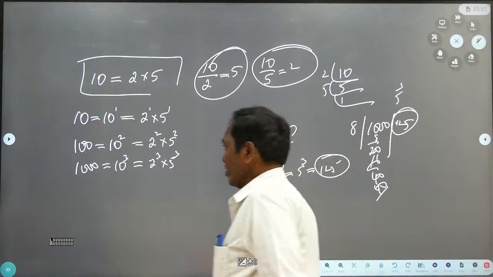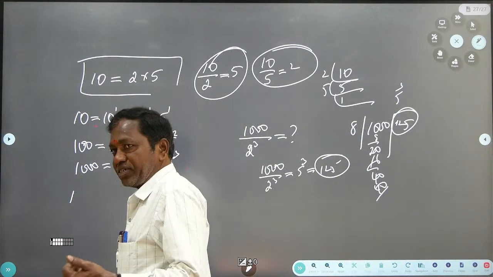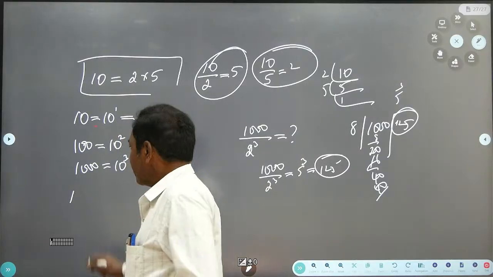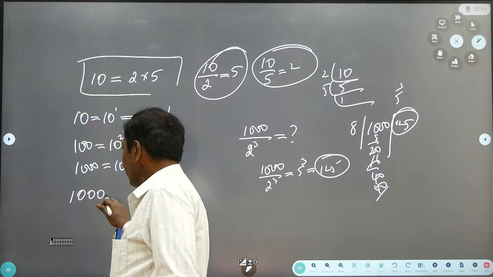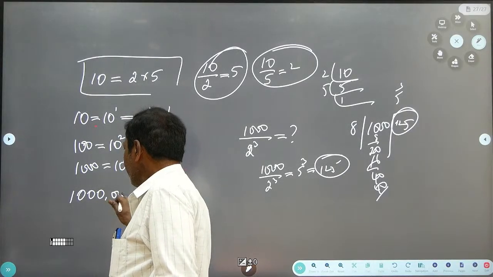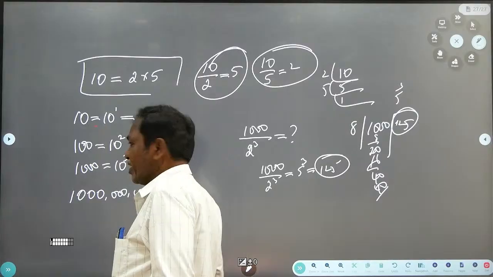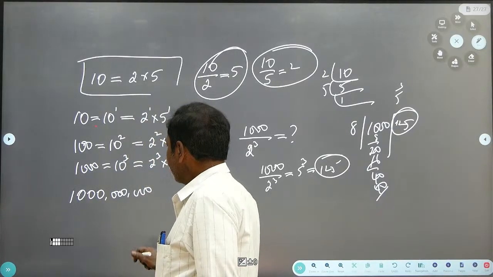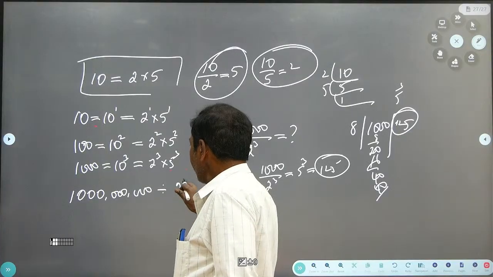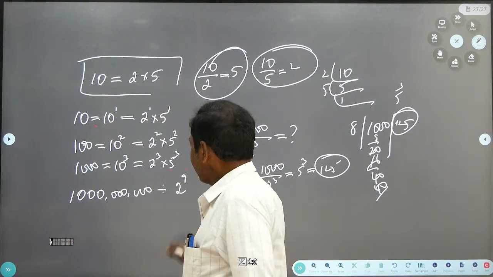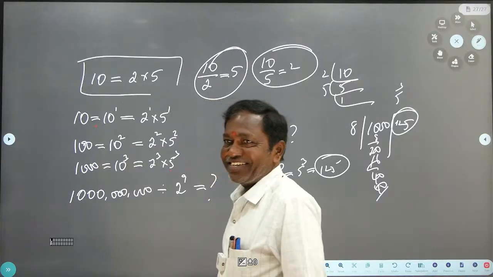For example, you may get a question, so far it is not there, but there may be a possibility. 1 and 8 zeros, divisible by 2 to the power of 9, then what would be the result?